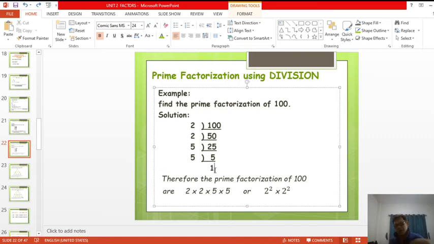So if you give your answer, you can just write 2 times 2 times 5 times 5. If you want to write 1, that's fine, or you may not write 1. Why? 1 is nothing at all; if you multiply 1 to a number, it doesn't change anything. You can have this kind of answer, or you just write it like this.